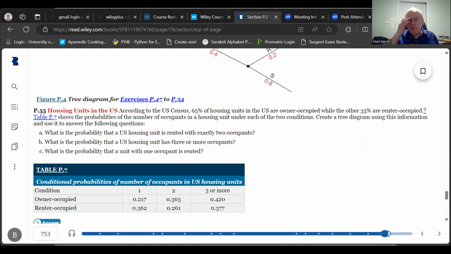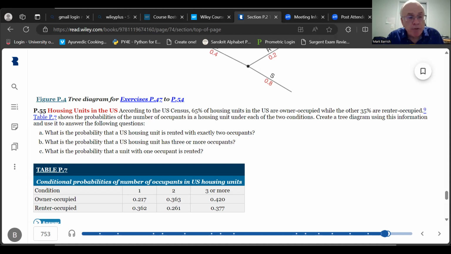So let's read through the problem first. When you review this video, make sure that you can open up the e-textbook and get to the particular page where the problem is, so you can read through it as you are going through the problem with me.